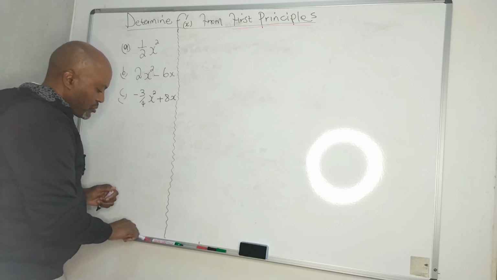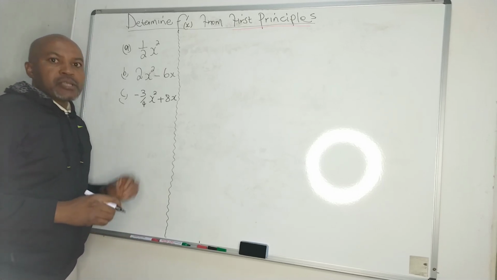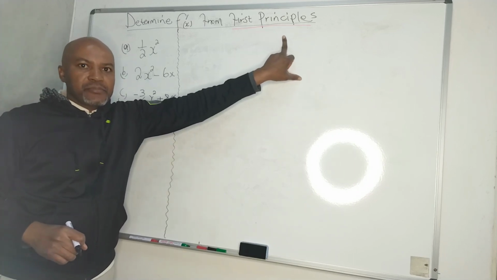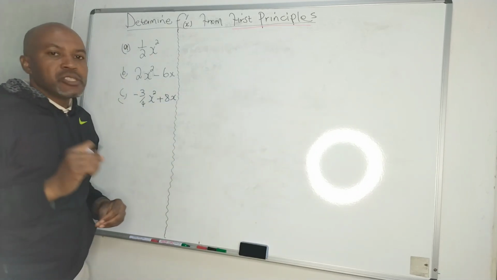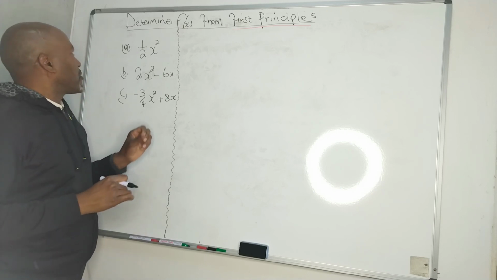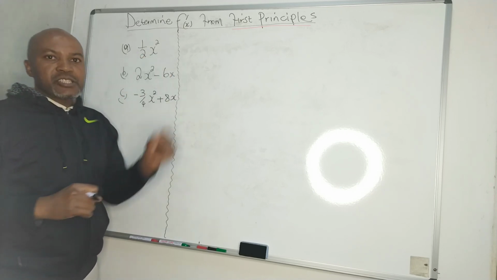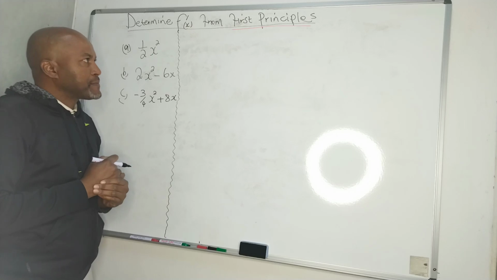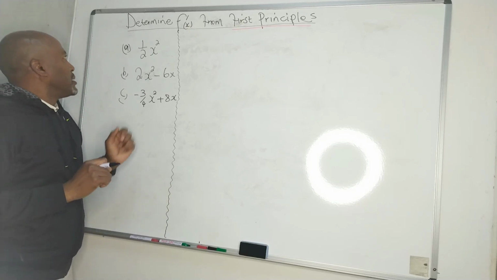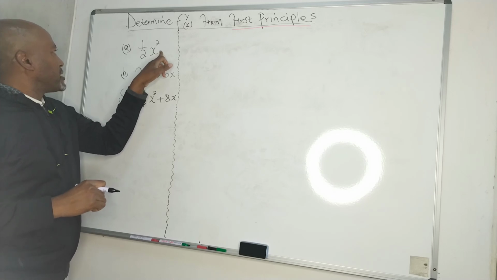We need to know the meaning of that. Once you come across the words first principle, you must know that you need to use a formula. You need to solve the function using what? A formula. But for you to be accurate, you need to take the function.